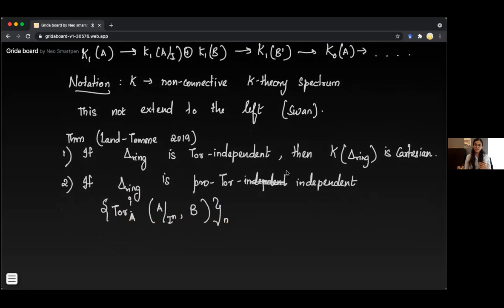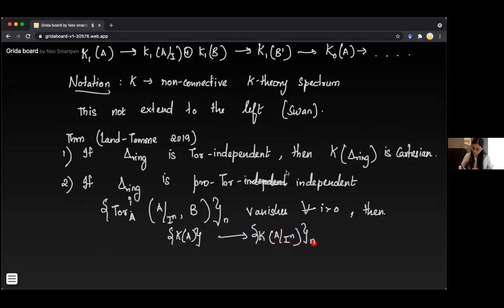So you take all the thickenings of your ideal and ask that this vanishes for all i greater than 0. Then if you take the pro spectra, K of A to K of A mod I to the n, to K of B to K of B mod J to the n, this is Cartesian.